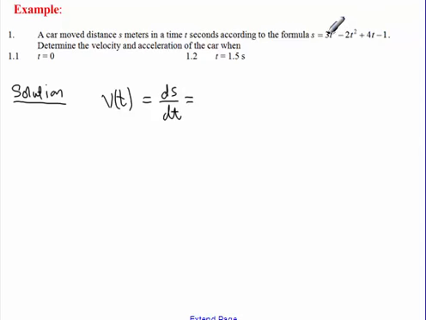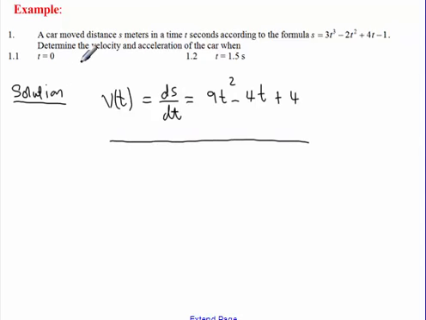Who can give me the first derivative? 9t squared, the next one, minus 4t, the next one, plus 4. The last one, plus 0. I'm not going to write it. Please leave that function there.